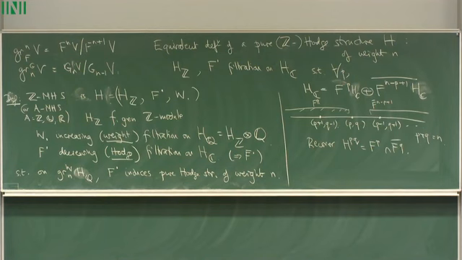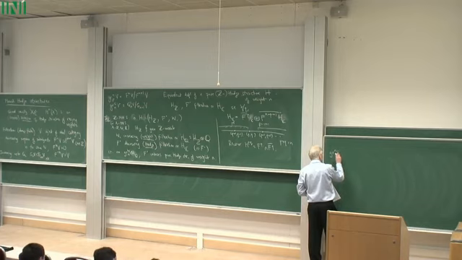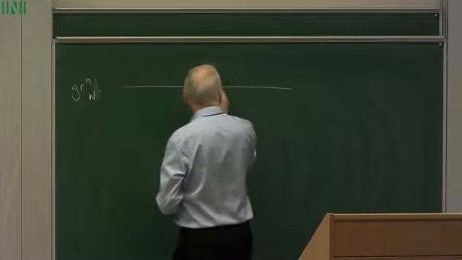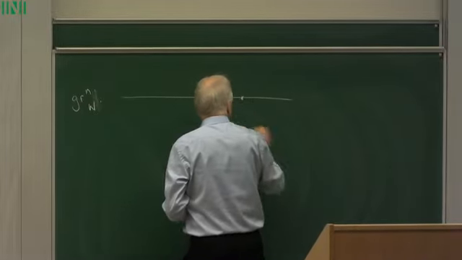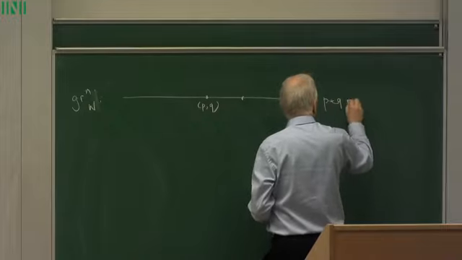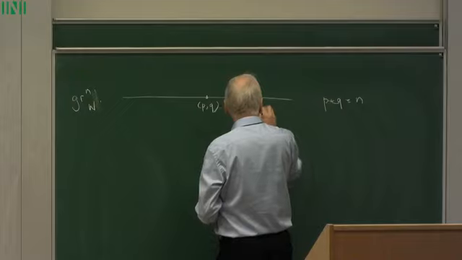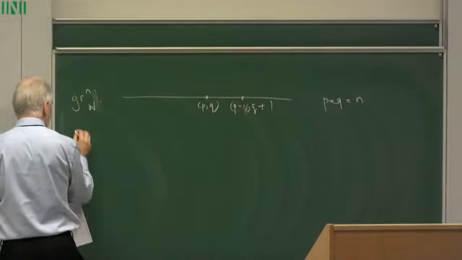Okay, maybe it's worth doing a little picture here as well then. So if I look at the nth graded piece of the weight filtration, this is pretty schematic. Again, if I've got (p,q) where p plus q is n, p-1, q+1, and I'll write the weight filtration going upwards.